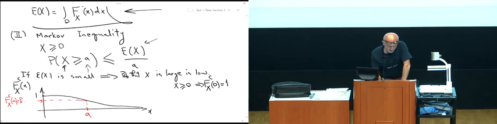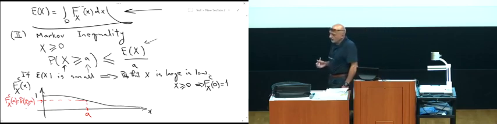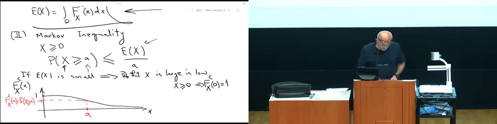That's the probability that X is greater than A. For a continuous random variable, unless there's an impulse sitting there and it takes on the value A with non-zero probability, putting an equality sign here won't matter.